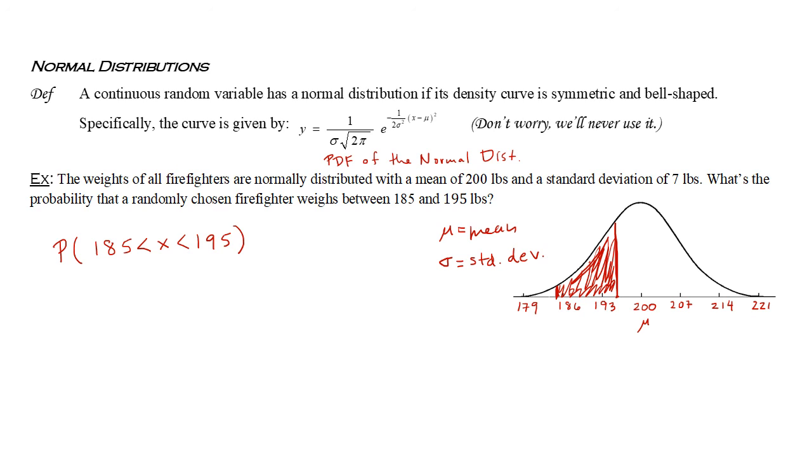Once we know those two values, they can be input into our calculator, and then the calculator will give us the associated area that we're looking for to calculate the probability. And so we can rely on our calculator to help us solve this area problem.